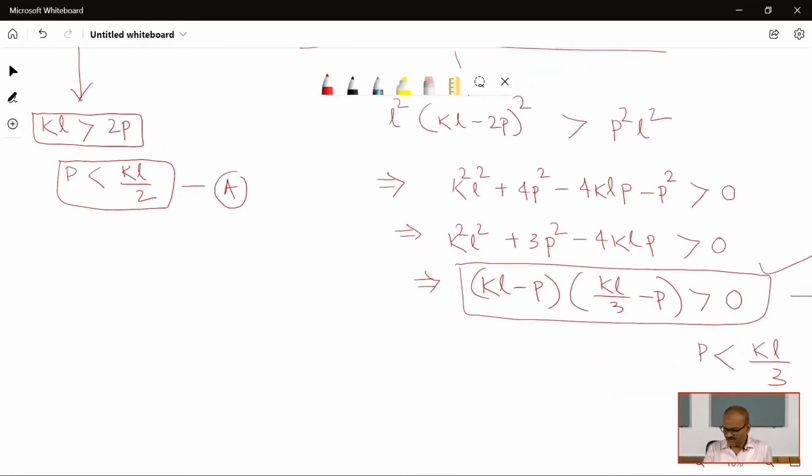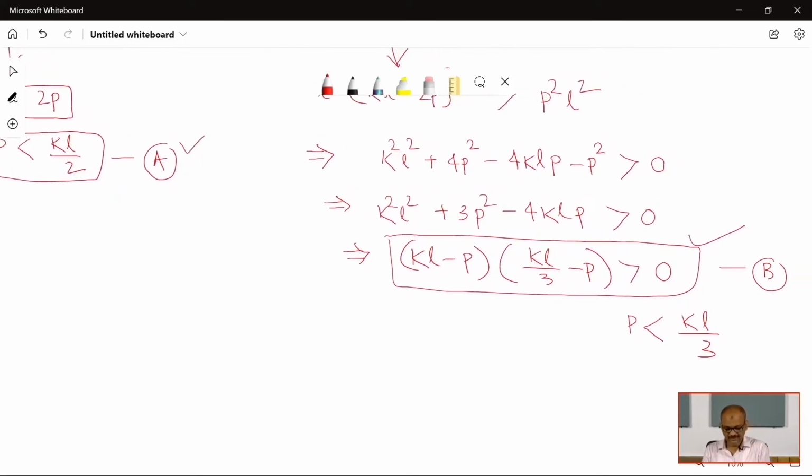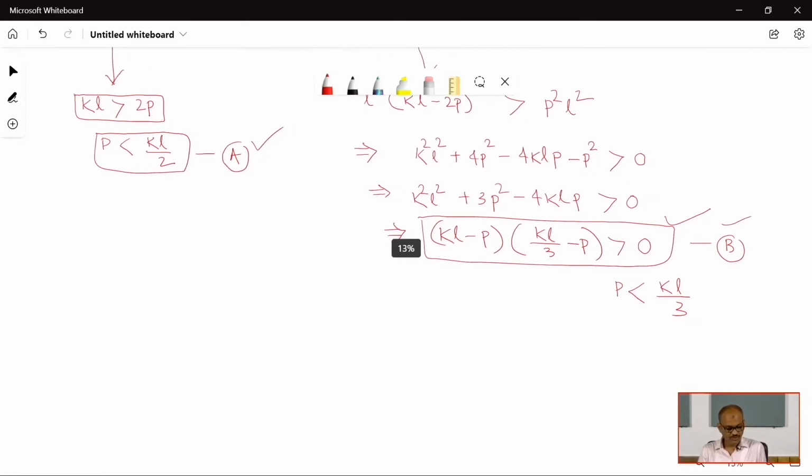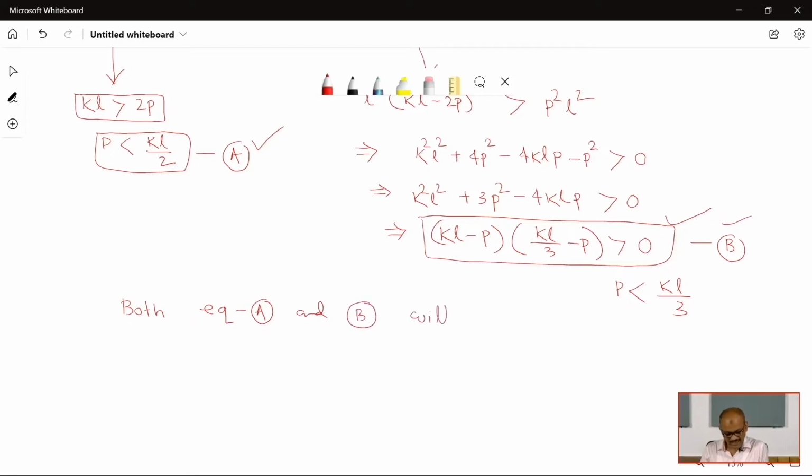If we consider both equation A and B, both equation A and B will be satisfied if this P is less than KL by 3.